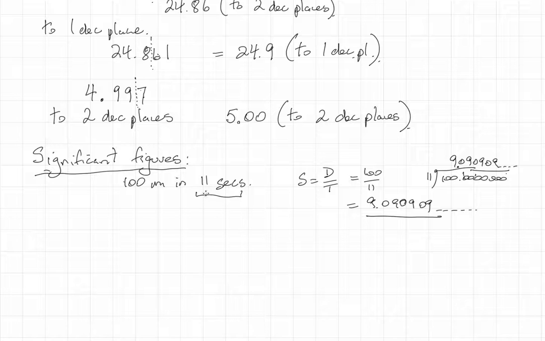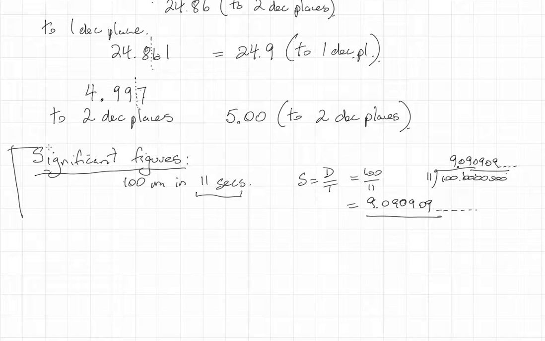Who's to know it wasn't 10.8 or whatever. So there are rules for how many significant figures your answer should be, but I will leave that up to the individual courses as to how you are to apply and what rules you would apply to determine answers with a number of significant figures.